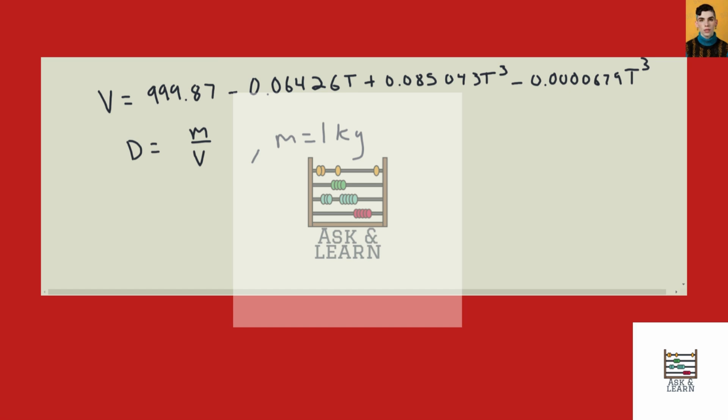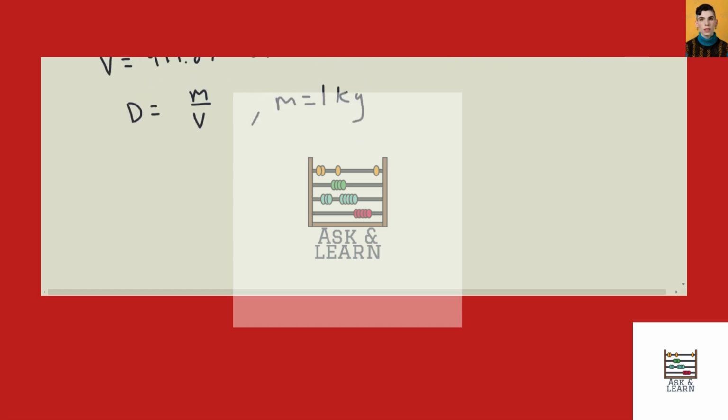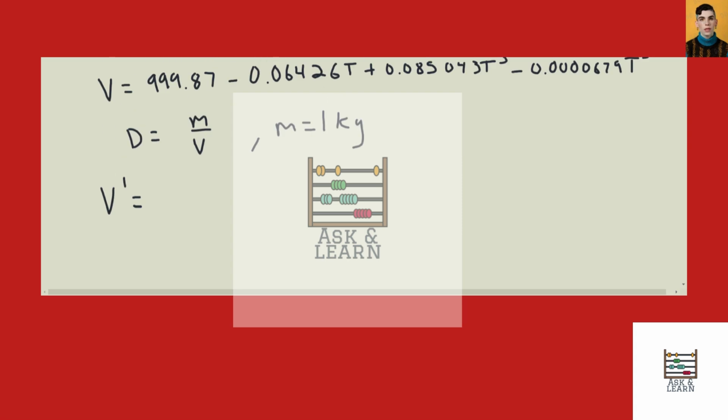All right, we can do that first by taking the derivative of V and calculating critical points when our V derivative is equal to 0. So the derivative of V would be negative 0.06426.